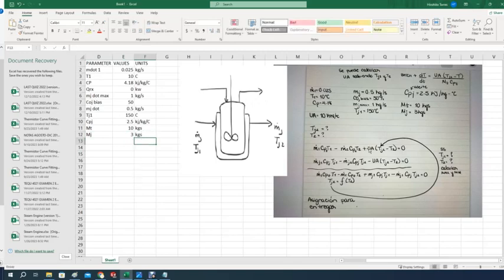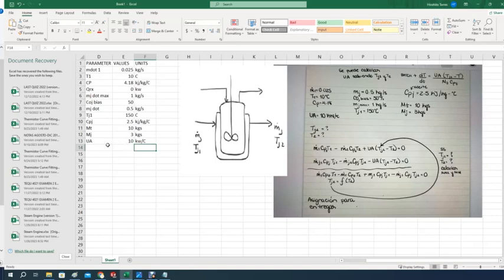Now anything else? I think I went through all the terms. Oh, missing the big one, UA. UA for this tank is about 10, which to me is kind of a humongous value. We'll see. Kilowatts per degree C. Remember, U is the global heat transfer coefficient, and multiplied by the area, that's what you get, the 10 here.